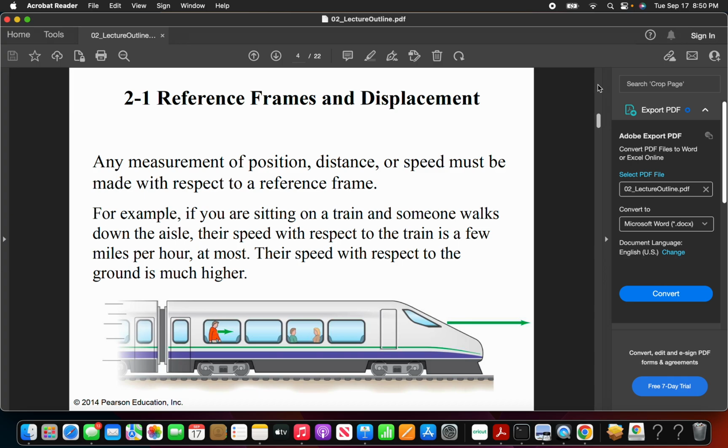The third individual, the standing individual, is moving on the train. So that individual has 2 sets of motion, right? Of course, the person is on the train, so it's moving in the reference frame of the train, right? But it also has a motion associated with its movement on the train, if that makes any sense.